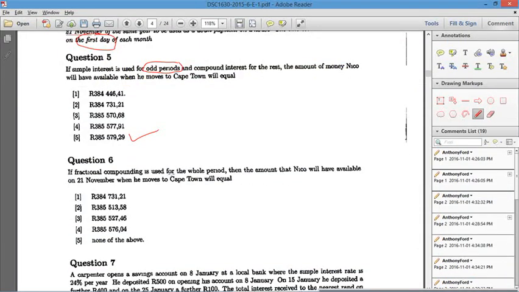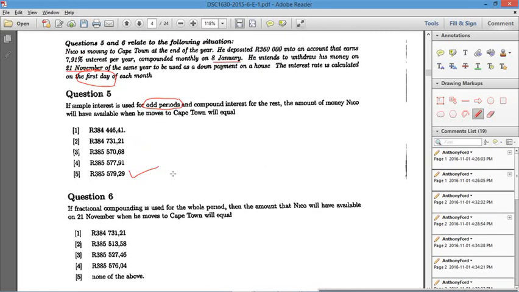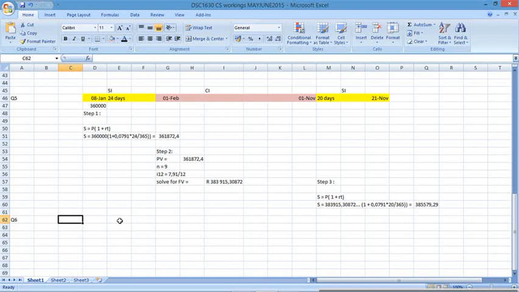Okay, if we look at 6, fractional compounding is used for the whole period. Okay, so if it's fractional compounding, I'm going to need a number of days perhaps. Okay, if you prefer using I365, you'd have to then do a conversion, or you would have to work out how many days you actually have from the one period to the next. Okay, so let's work it out using, let's say, the total days.